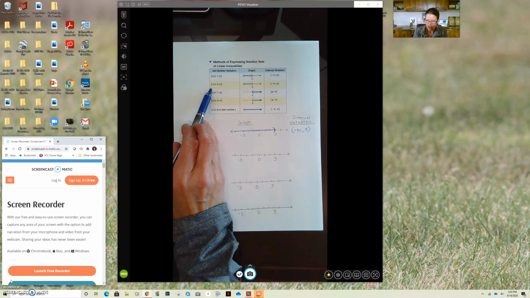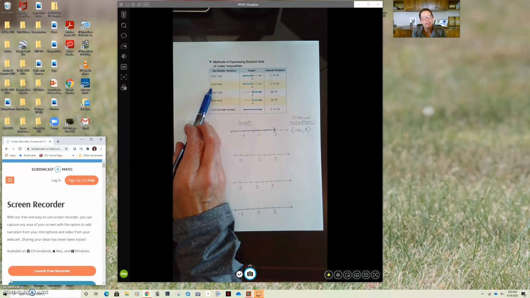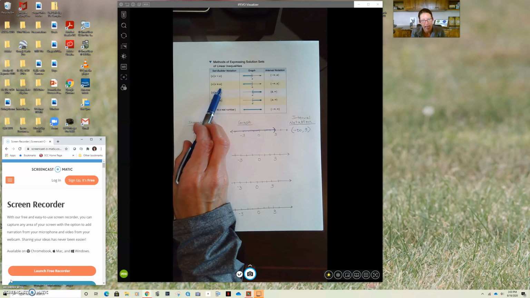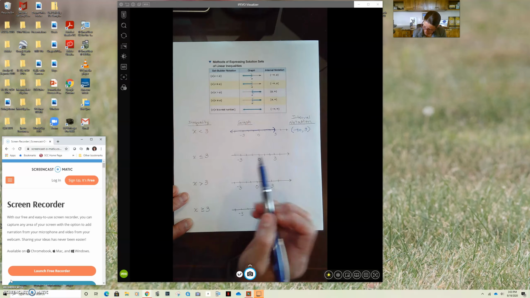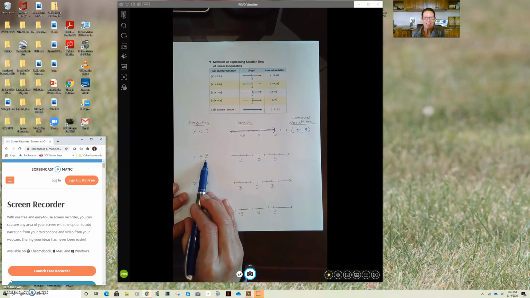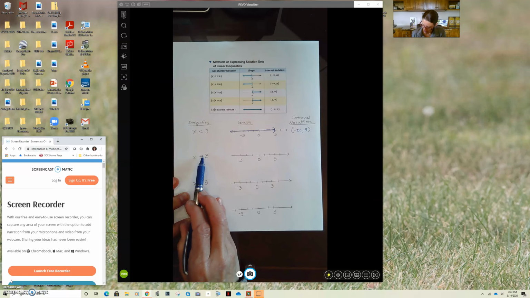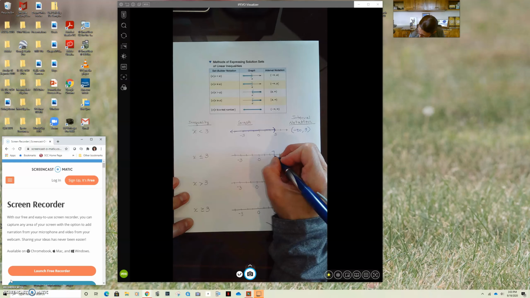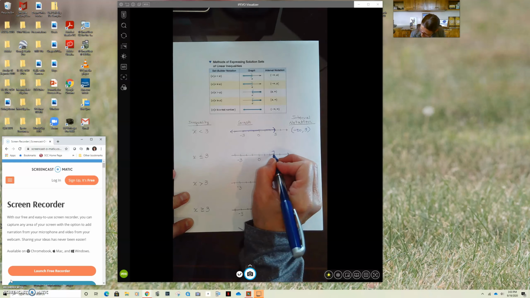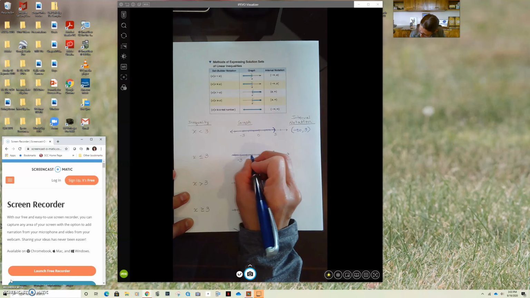As we look at our second case, all x such that x is less than or equal to a. So these are values to the left of or less than a. And here I'm going to use 3 for a again. So x less than or equal to 3. Here we get to include the 3 because of the equal to part.